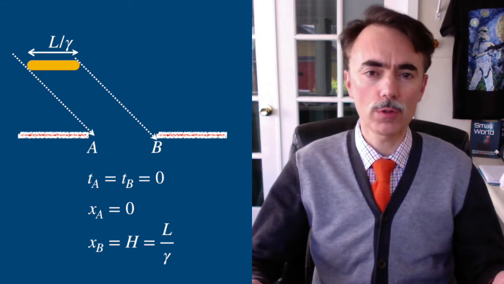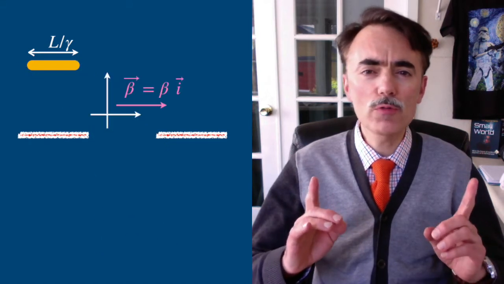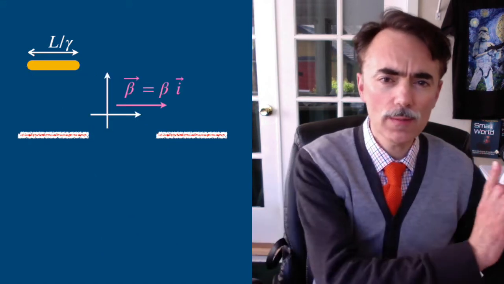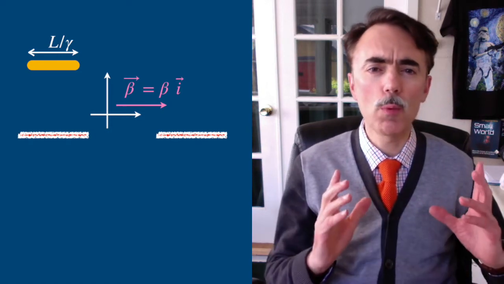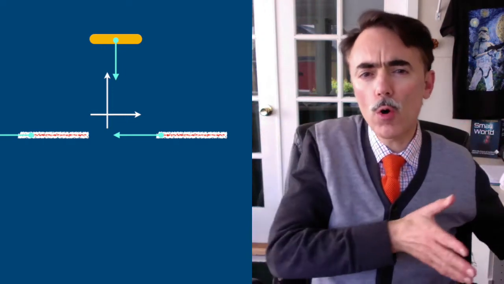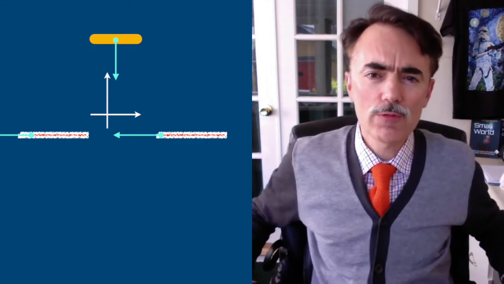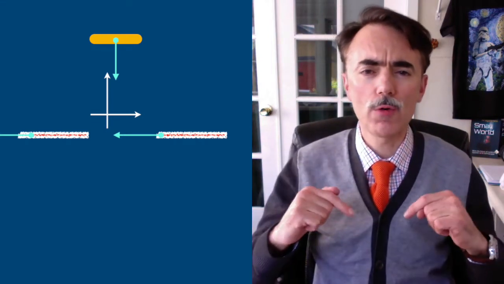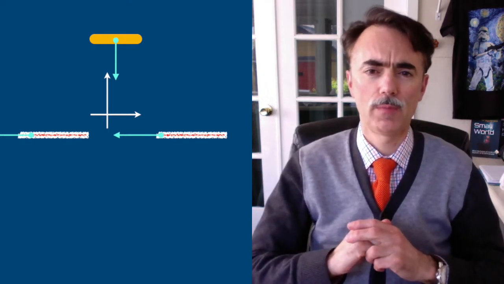Now I'm going to move to a reference frame that moves horizontally to the right at beta. From this reference frame, I will see the board move vertically down and the hole move horizontally to the left. Let's use Lorentz transformations to find the coordinates from this particular reference frame.